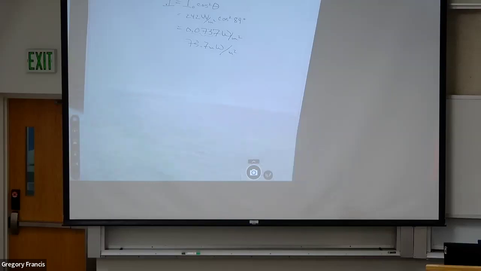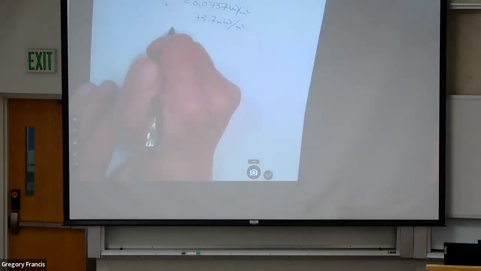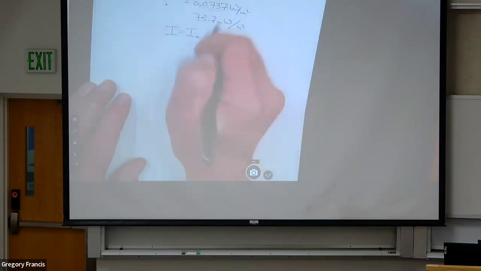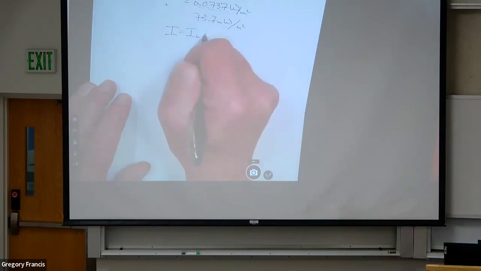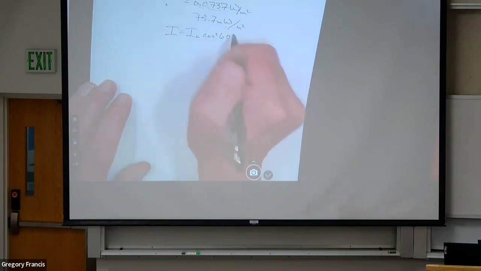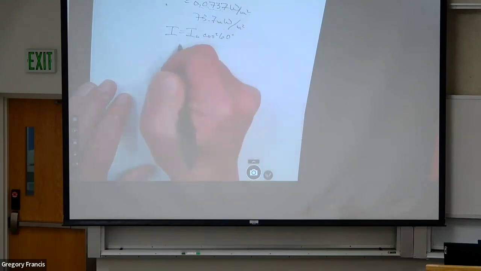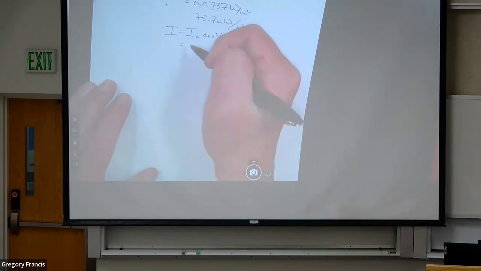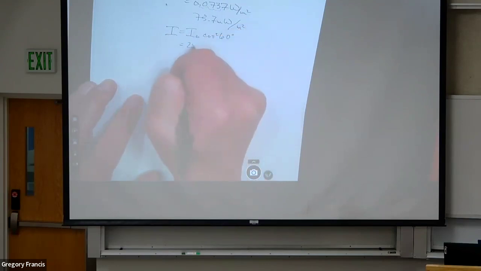Well, now we're going to first do cosine squared of 60 degrees. Do we want to use 242 again, or what number would you use? Use 242. It would just be the same thing as the first time, basically.